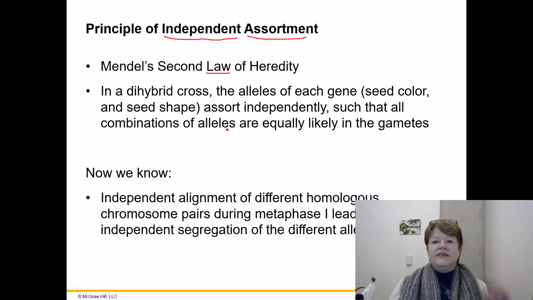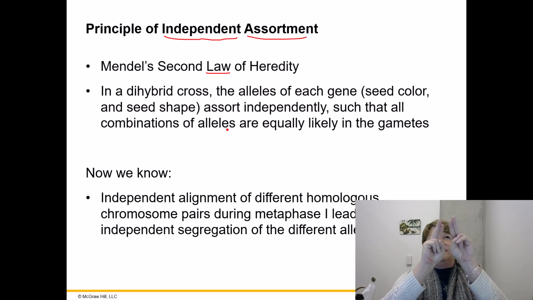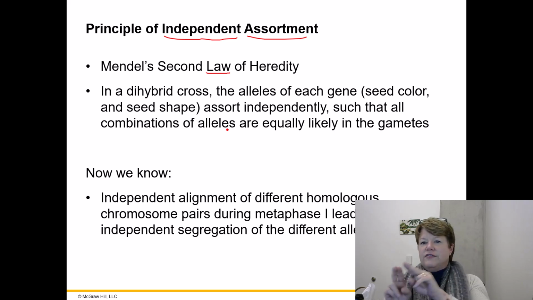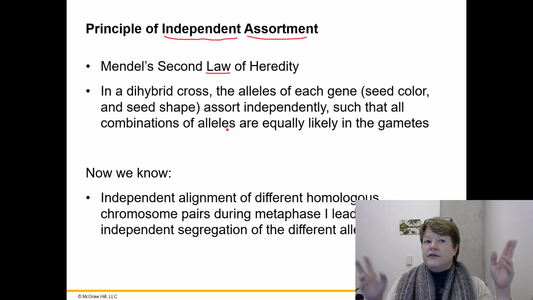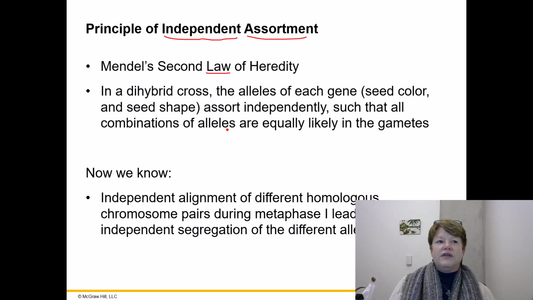And basically he's saying that if the seed color gene is on the long homologous pair of chromosomes and the seed shape gene is on the short homologous pair, then the way that they sort out is random, and you can get all the different combinations in the offspring.